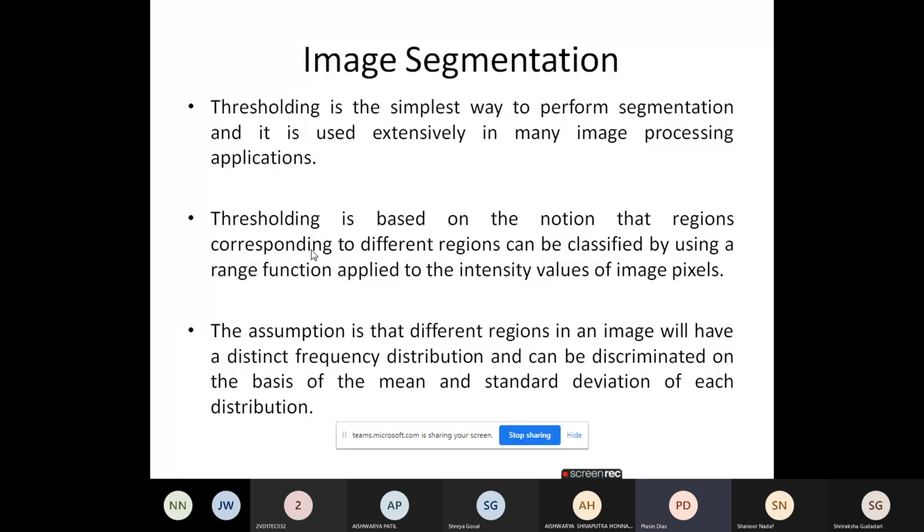In the same way, for pixels in an image, most of the analysis will go ahead with the mean and standard deviation aspects. So that is the assumption carried out for thresholding, because we have to decide the threshold value whenever we carry out segmentation methods.